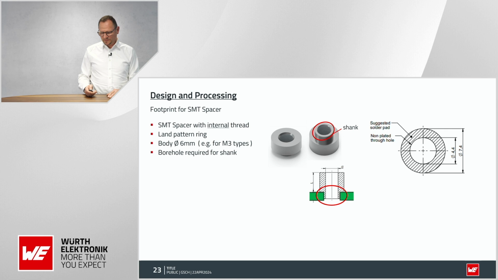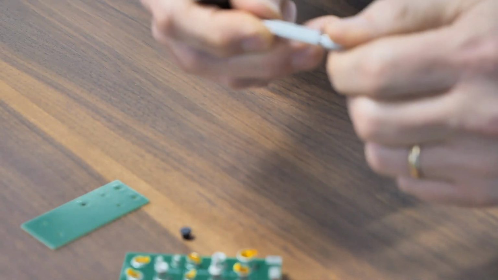And that's another great benefit of those SMT spacers. You see it's diving in, it's giving it a little bit more strength and an accurate positioning, but on the other hand, it's not coming out on the bottom side of the PCB. Compared to the traditional ones, you always need to have a counterpart where you can screw it in.